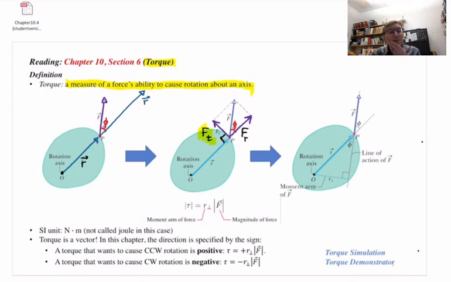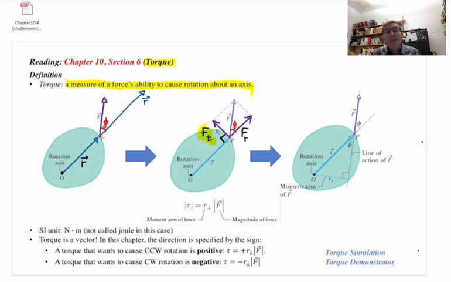All right, now what else contributes to the rotation? Well, one of the things is how big is that F tangential? Okay, what's the other thing? How far point P is from the axis of rotation.